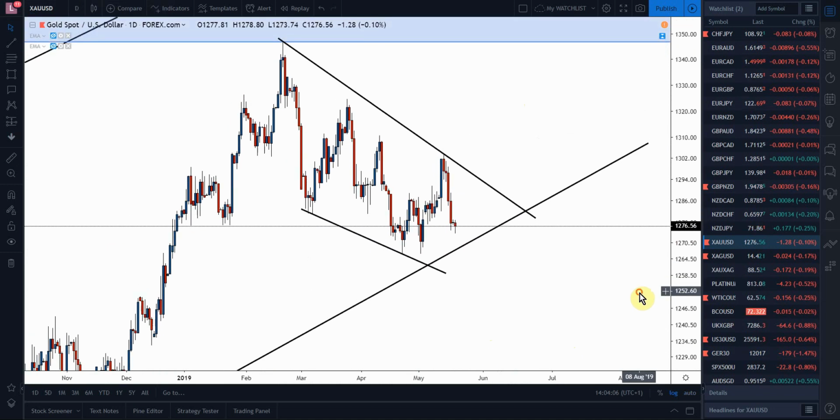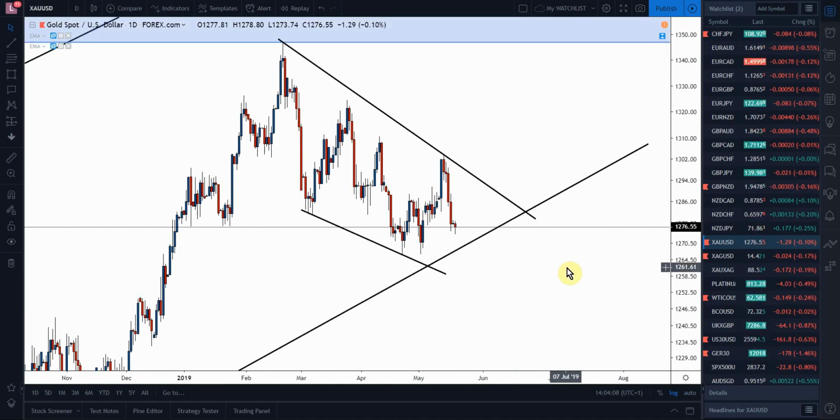So keep your eye on gold as well. So there's a few charts for you guys to keep your eyes on with the Aussie, USD Swiss, DAX, the CAD, USD CAD, dollar NOK, and gold.